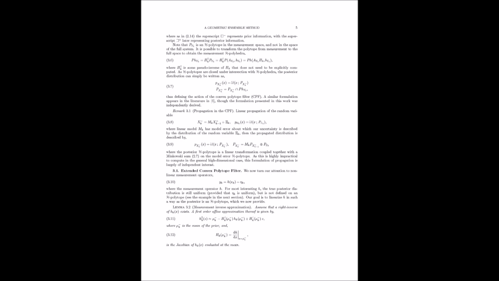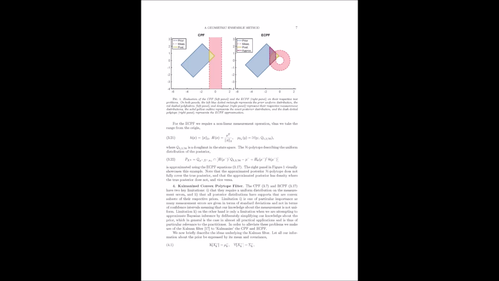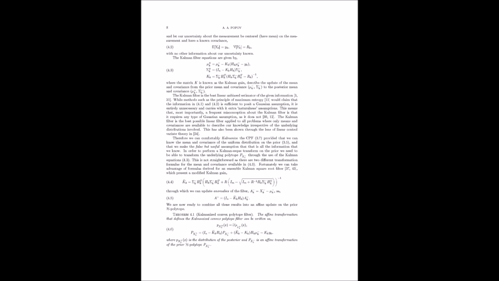The measurement y sub k gives you information about H sub k x sub k plus eta sub k. Since you know the distribution of eta sub k, you can think about what range of H sub k x sub k could have led to your measurement. Then you use what's called the pseudo-inverse of the measurement operator H sub k to bring that uncertainty back into the X space.